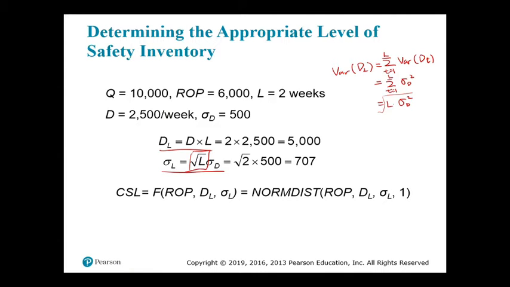In this example, we have the NORM.DIST function with ROP equal to 6,000, mean 5,000, standard deviation 707, and it is a CDF function. And this turns out to be 0.92.